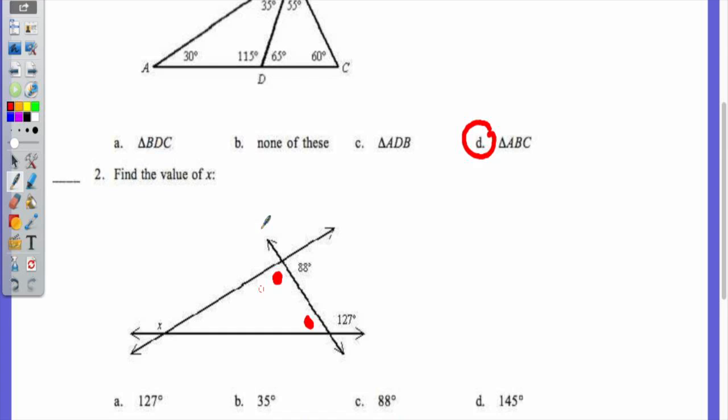So that means this interior angle is how many degrees? 92. And this one and 127 are a linear pair. So it's 53. So 92 plus 53 will equal X, and the answer is D, 145.